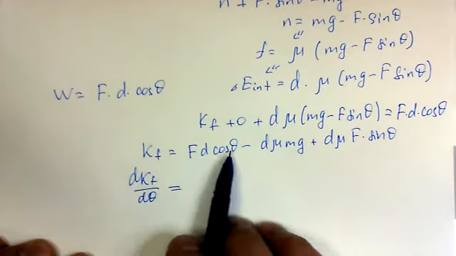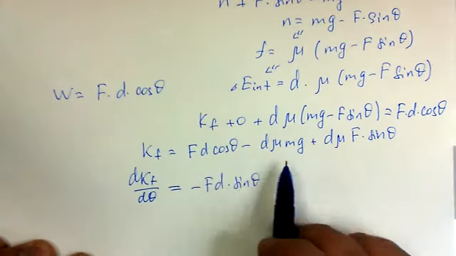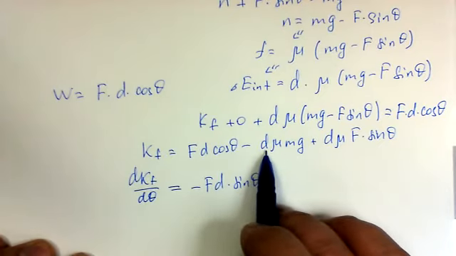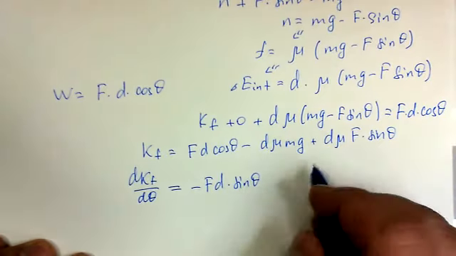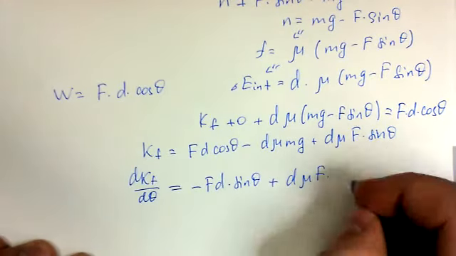It will give us, so this term is minus f d times sine theta. This part is not a function of theta, so its derivative with respect to theta would be 0. So plus d mu f times cosine theta.